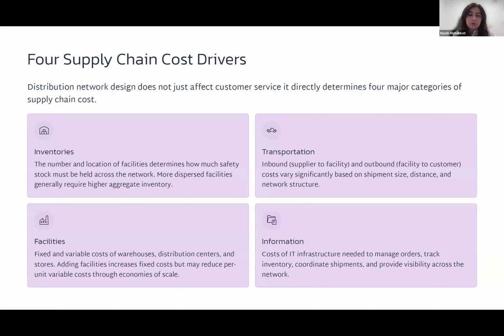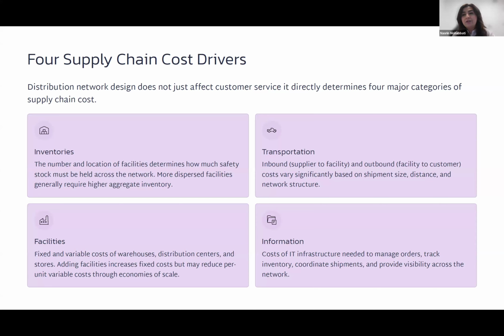So there are a lot of transportation costs involved in this distribution network. Also, we have facilities. So, for example, let's say that we have 5 facilities, we want to build more. There are some costs. There are maintenance costs, labor cost, energy cost of these facilities, and we need to consider them as well. And information costs.